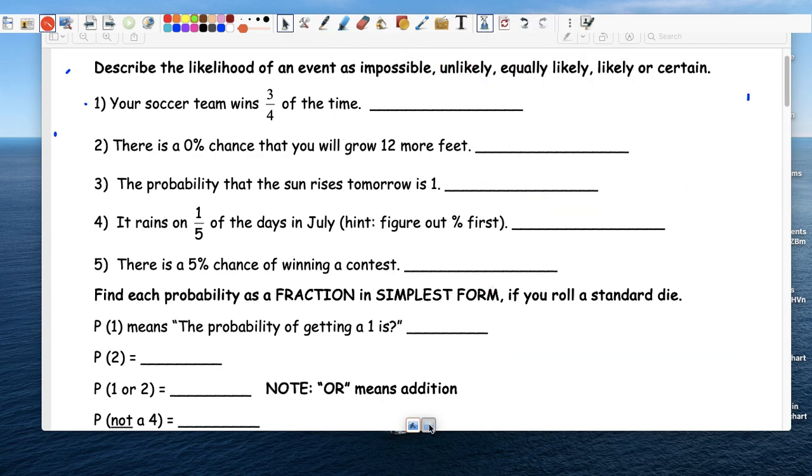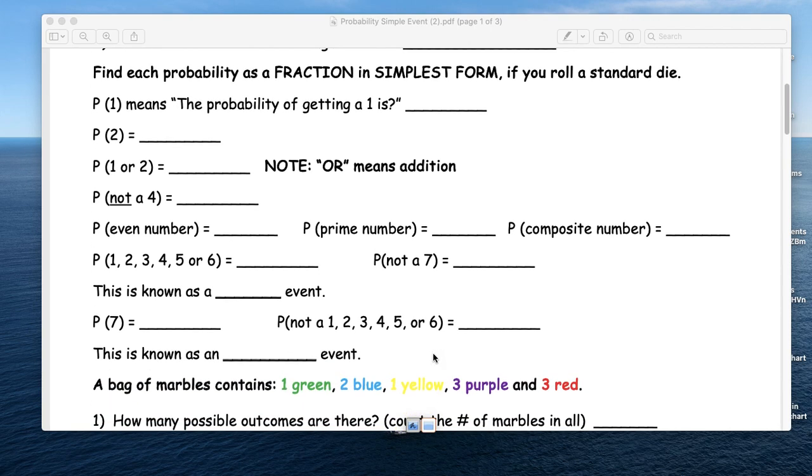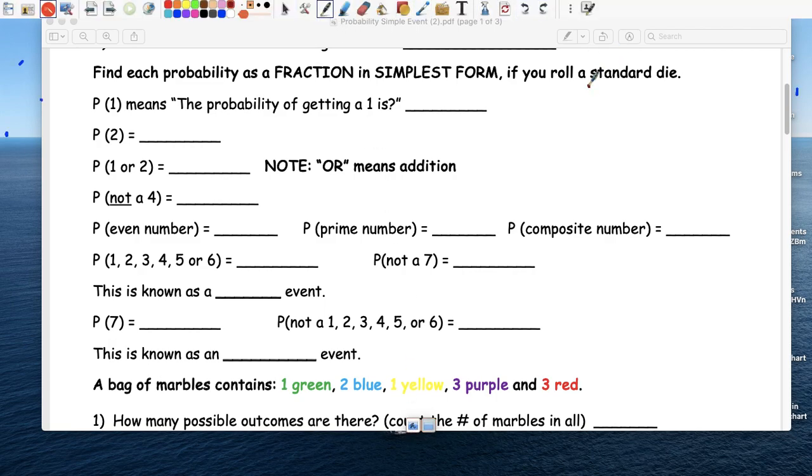Second part here says find the probability as a fraction in simplest form if you roll a standard die. So here's a die, a number cube. We had the numbers, remember, 1, 2, 3, 4, 5, and 6.